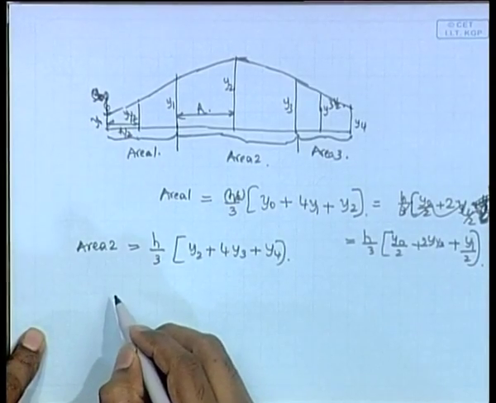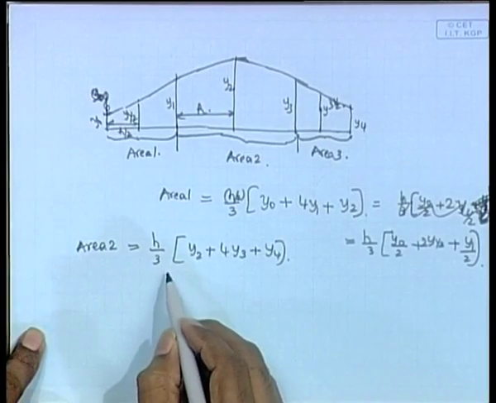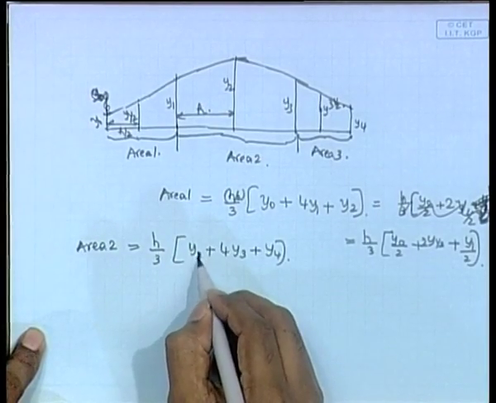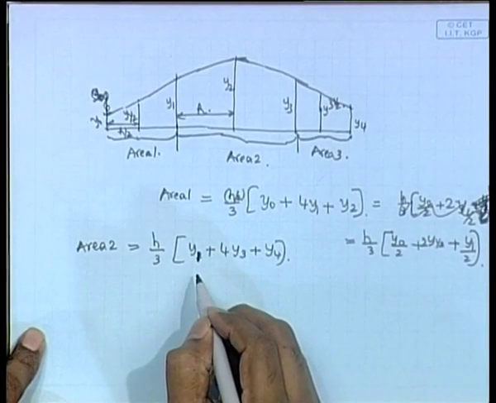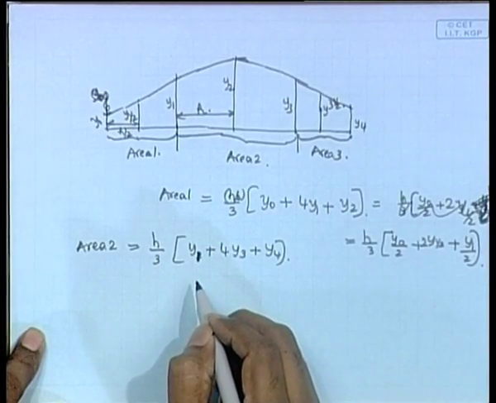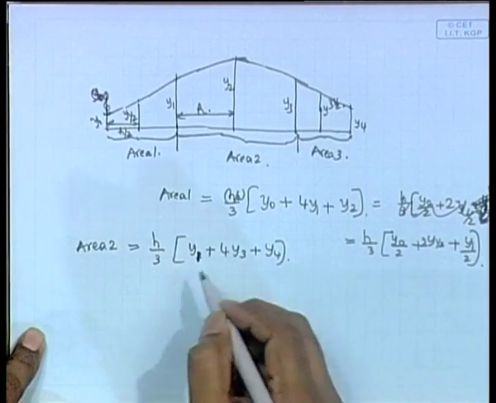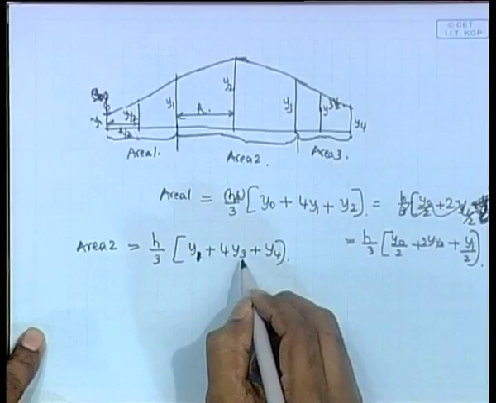Now, the area of the section 2 will be h by 3 into y 1 plus 4 y 2 plus y 3. Here they have made a mistake, so we will do it ourselves.